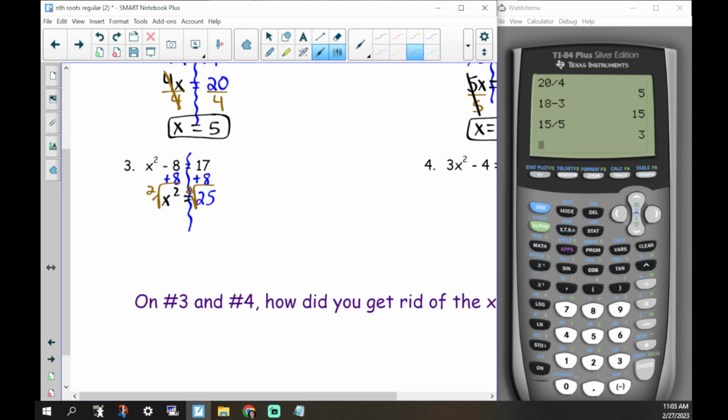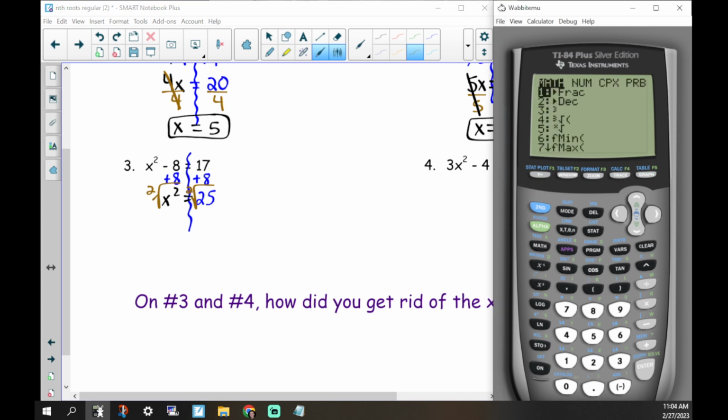On your calculators, you can hit the math button and go down to 5, which will have that x root. Now we want to type in that 2, and we're going to plug in that 25, because that's on the other side of the equation. Your answer here will be 5.